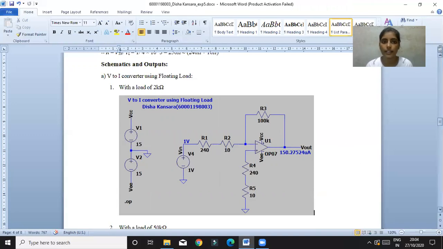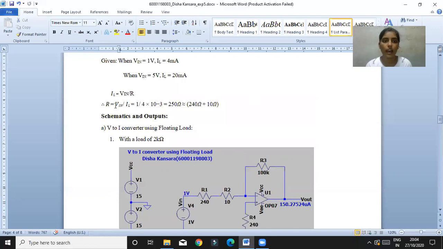I already calculated that R is equal to 250 ohms, so I divided it as 250 ohms, 240 plus 10. And as Vin I gave 1 volt.